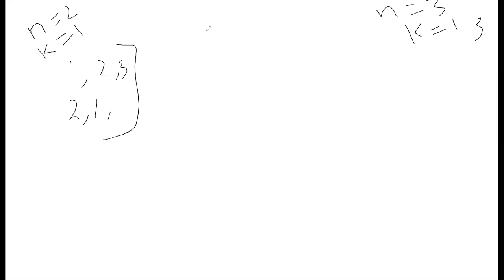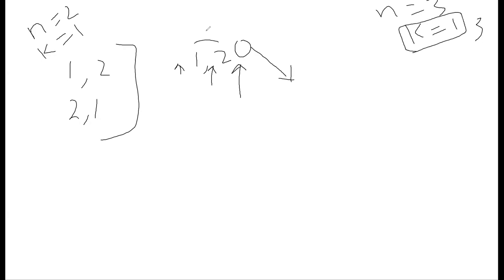Right? So if we consider this, we have 1 and 2, and we can insert 3 here, here, or here, to create n equal to 3. Now for this position, if I have to insert it here and get k equal to 1, the already existing pair should already have 1, so that the final string will again have k equal to 1.